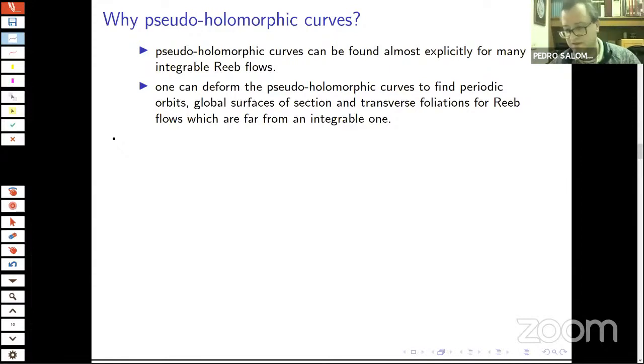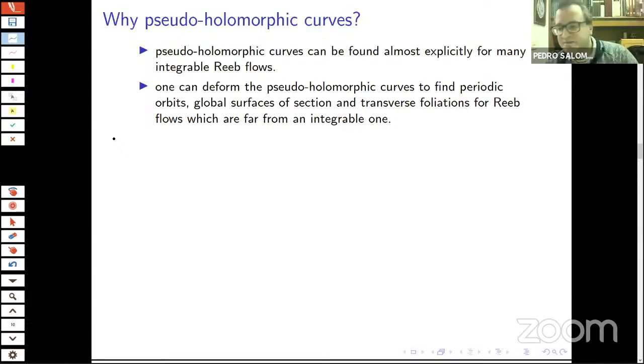In the particular case of a pseudoholomorphic curve, the symmetry fits well when the system is integrable. So in most of the cases where we can construct pseudoholomorphic curves for our nonlinear system, we start with an integrable system, we solve it, and then there is a deformation.